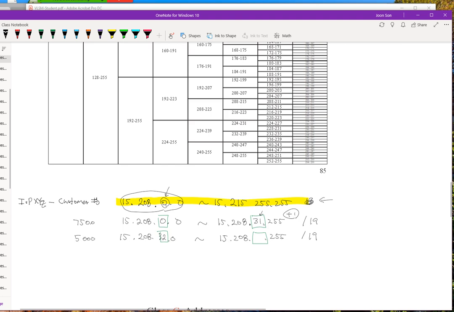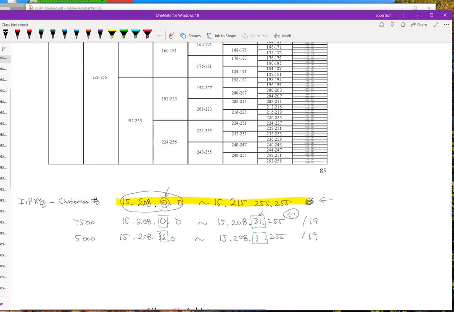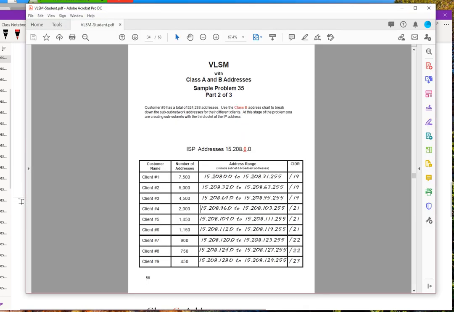And so 63, right? So I'll just change it to 63. /19, same block size, and then what? 63, right? Okay. And the next one is 45, right?